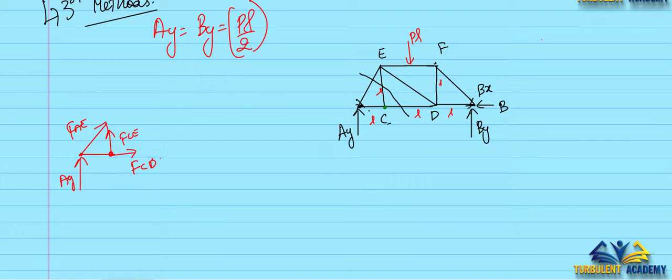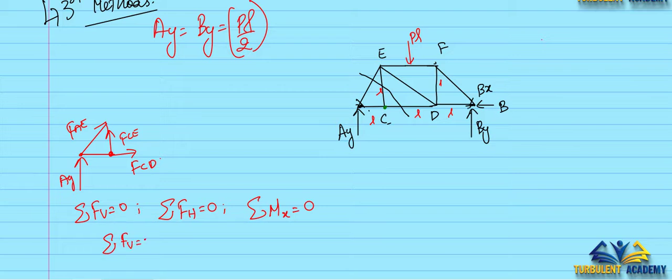Let's take the forces and try solving. In sections, three kinds of equations are available: summation of vertical forces equal to 0, summation of horizontal forces equal to 0, and summation of moment about a particular point equal to 0. So now let us solve vertical forces.